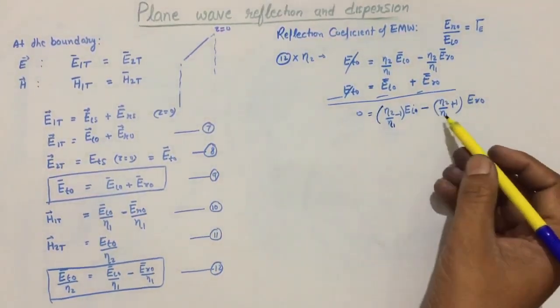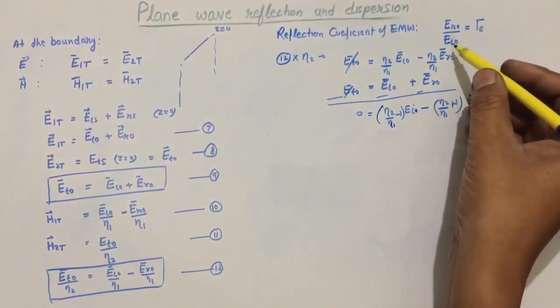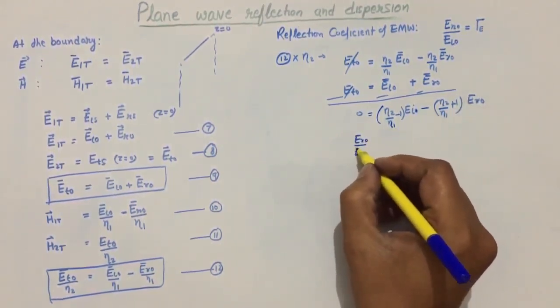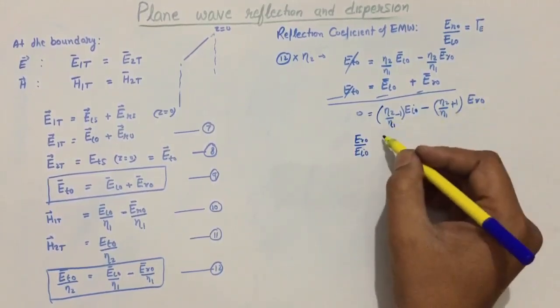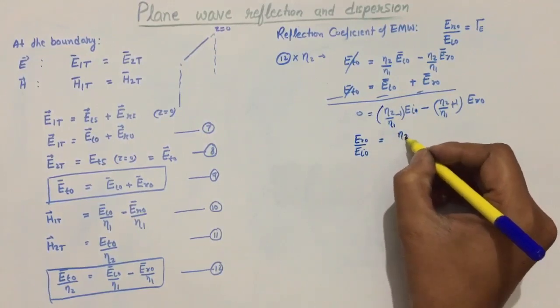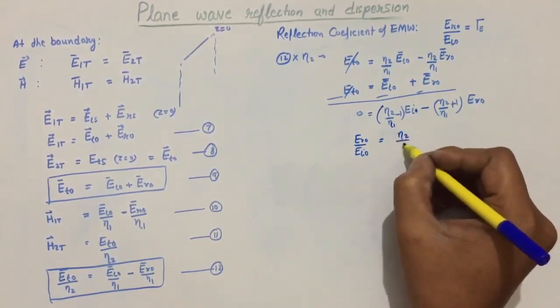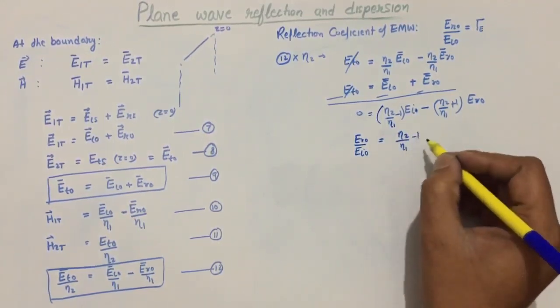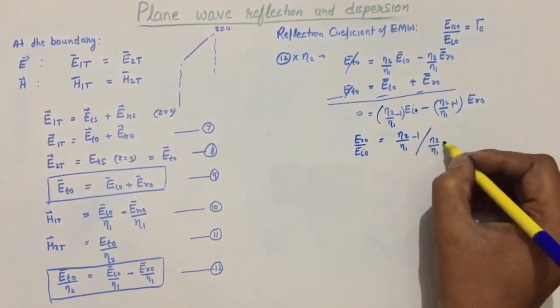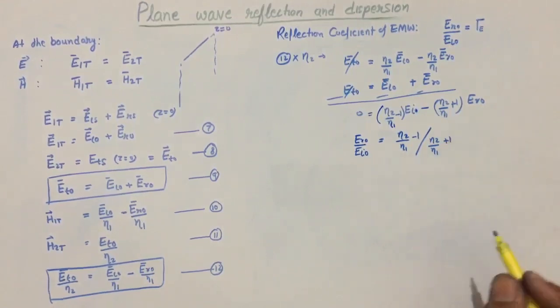When we further simplify this to get Er divided by Ei, it will be eta 2 divided by eta 1 minus 1 divided by eta 1 plus 1.